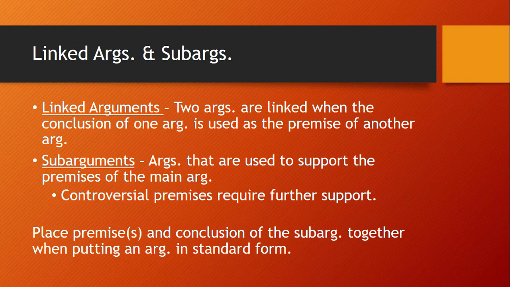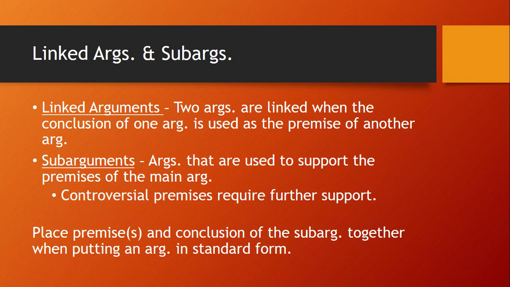You need another argument that is linked to the main argument, where the conclusion of the argument is used as the premise of another argument. In other words, you have a sub-argument where the conclusion of the sub-argument is used as a premise of another argument. So if you have a main argument where there is one premise that is controversial, well then you need an argument to support that controversial premise in the main argument. And that other argument is the sub-argument. Hence, in a sense, we have two arguments here that are linked.